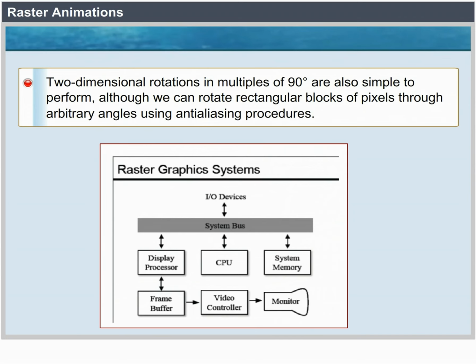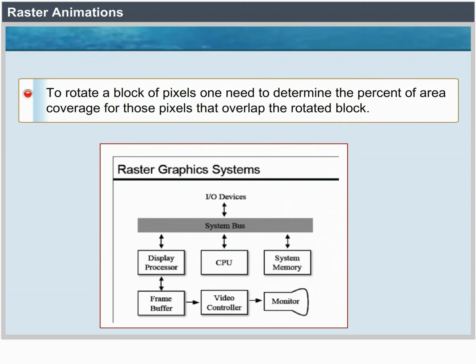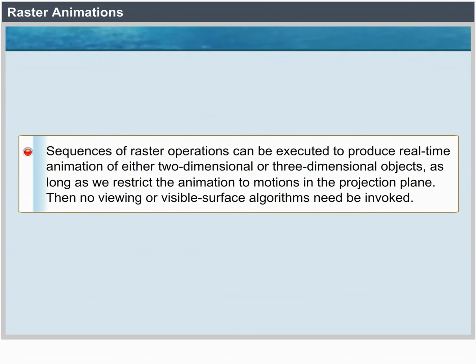To rotate a block of pixels, we need to determine the percent of area coverage for those pixels that overlap the rotated block. Sequences of raster operations can be executed to produce real-time animation of either two-dimensional or three-dimensional objects, as long as we restrict the animation to motions in the projection plane. Then no viewing or visible surface algorithms need to be invoked.